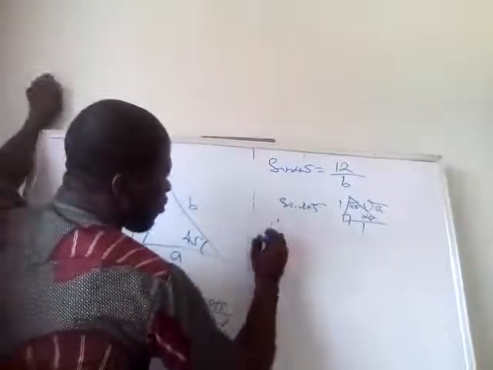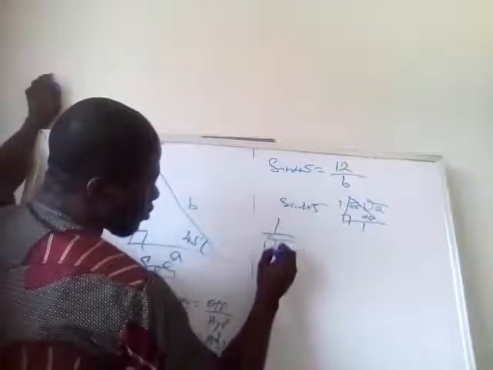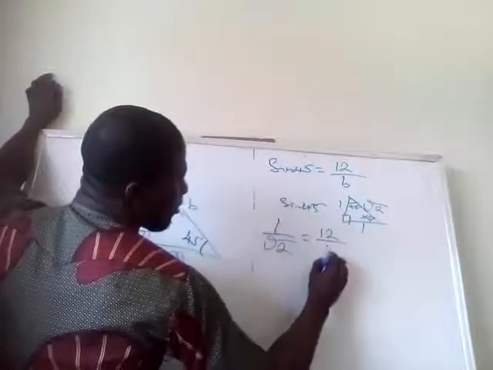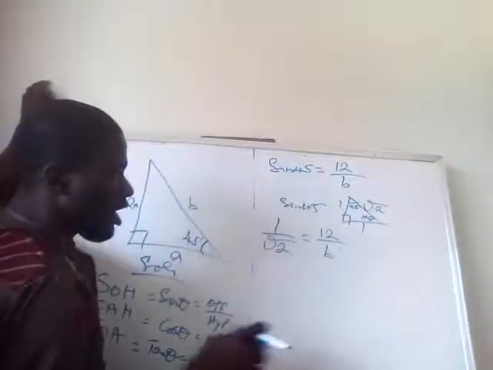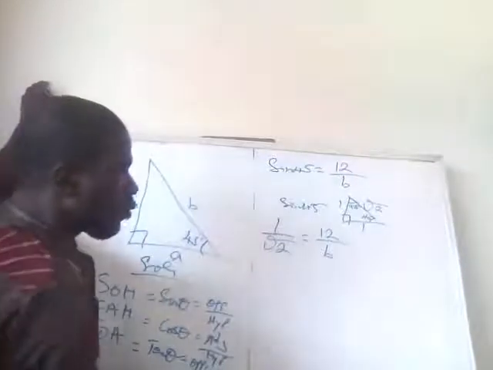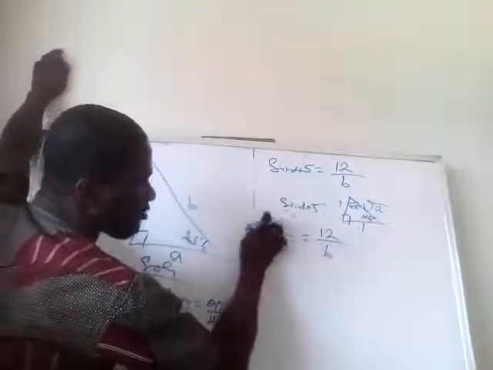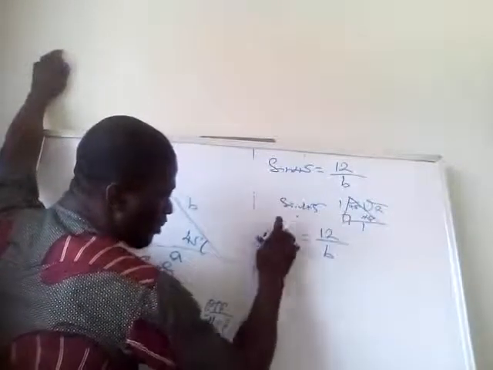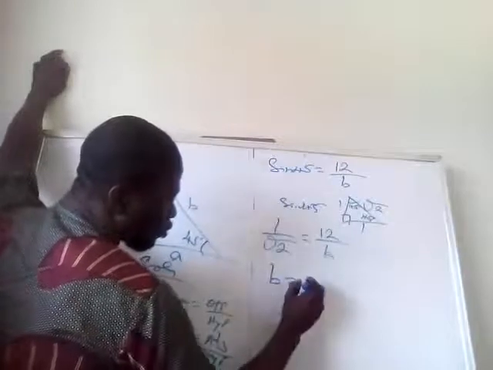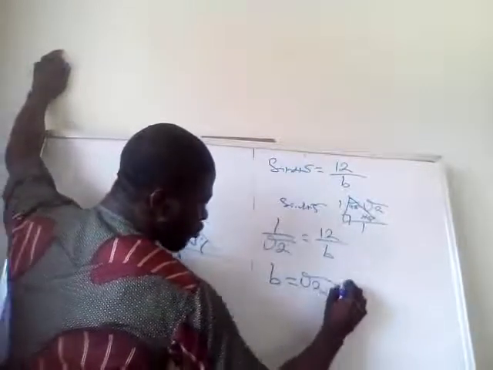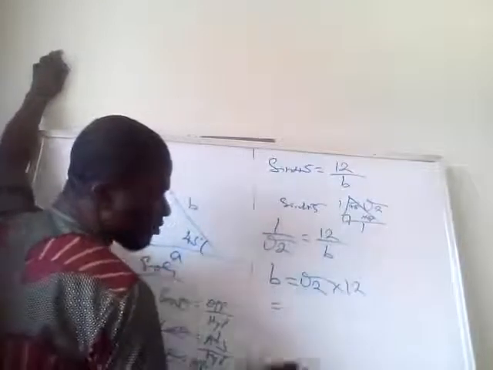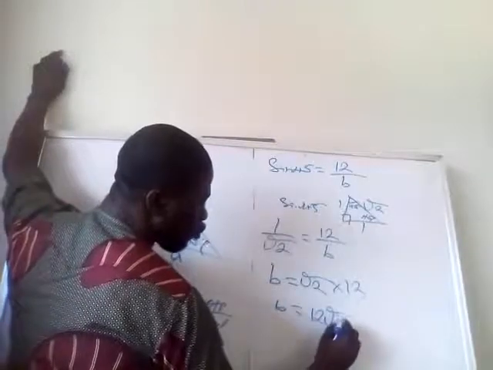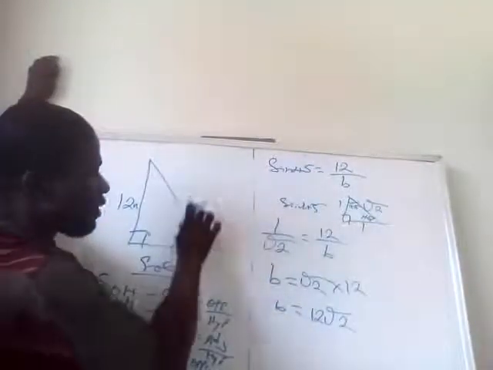So you have 1 over root 2 equal to 12 over B. Then you cross multiply. You have 1 times B, which gives B equal to root 2 times 12, which is the same thing as B equal to 12 root 2. We are done with B.